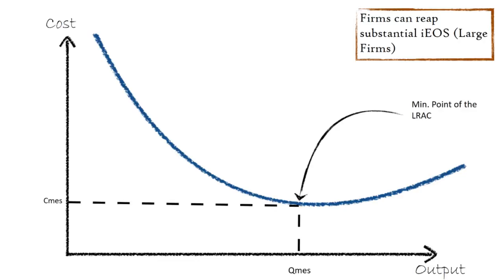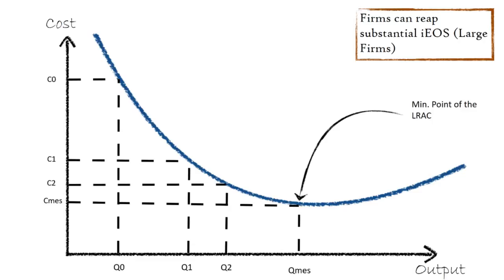So visually the distance between the QMES and the point of origin is rather far. Then you can show that there is significant room for you to increase your output before you hit the QMES, from Q0 to Q1 and then further from Q1 to Q2, and your cost keeps decreasing from C0 to C1 to C2.